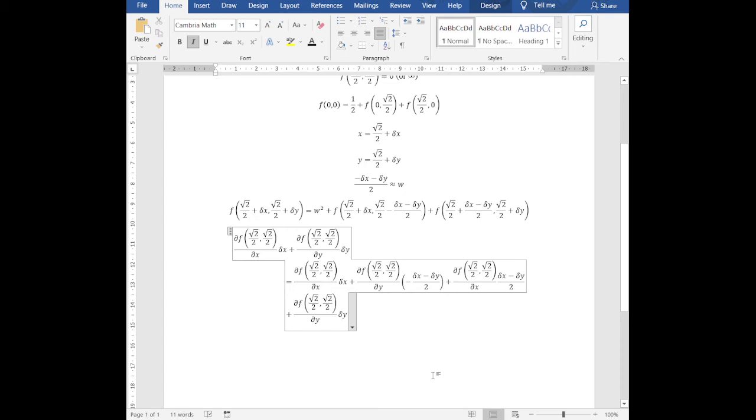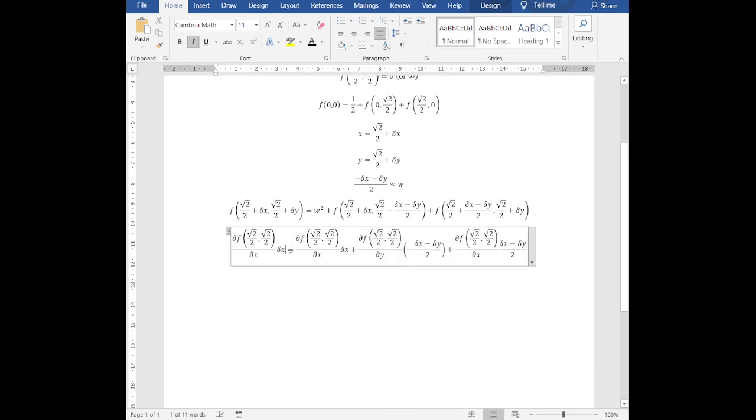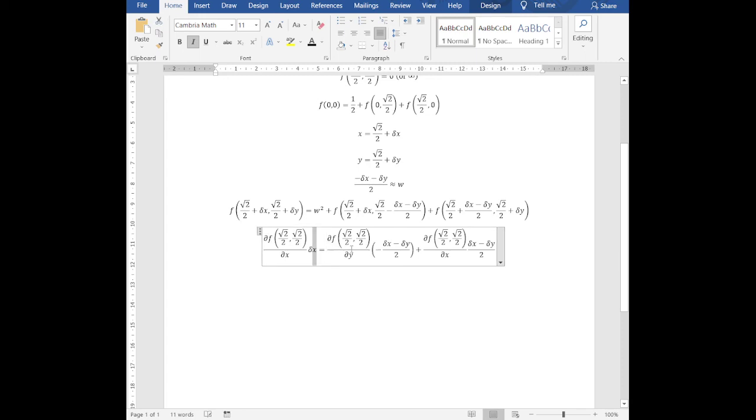Okay. So what do we have here? We have partial f of y by partial delta y, so I can cancel this term with this term because they're the same. And similarly, I can cancel this term with this term because they're the same. So that's going to be equal to 0. And I can then... This is interesting.